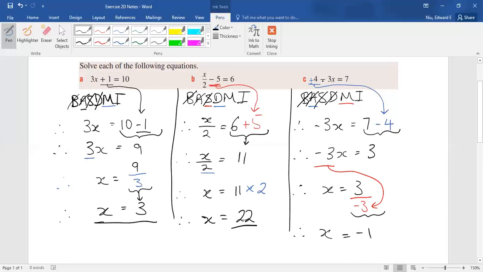Yes, because negative 3 times negative 1 gets us a positive 3. A 4 and a positive 3 combine to get you a 7. That's all the explanation for today. I know that might be a little bit complex, so make sure you send through any questions you have. Let's jump to the questions now.